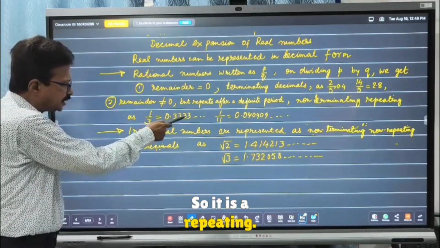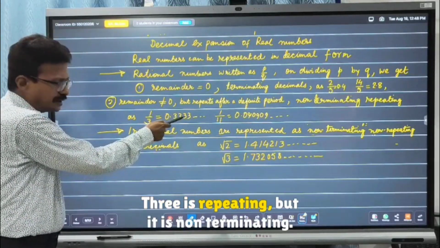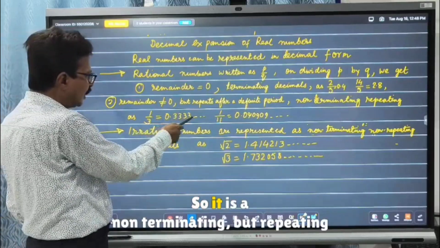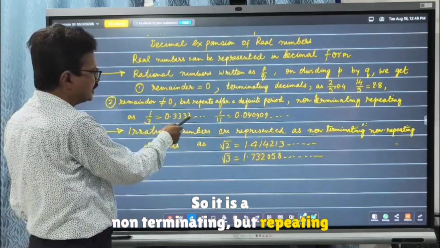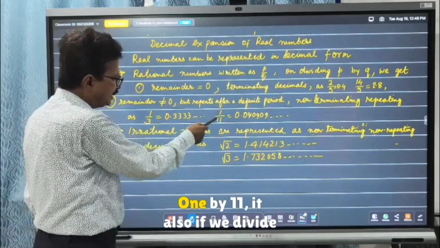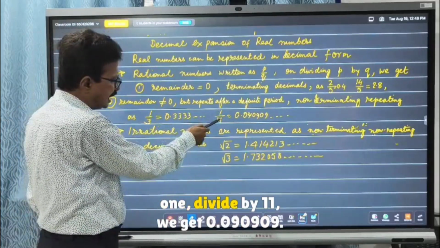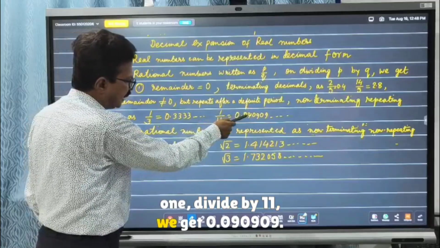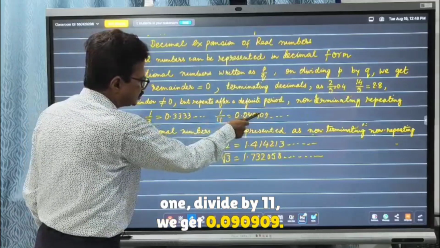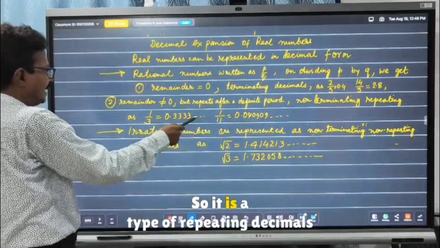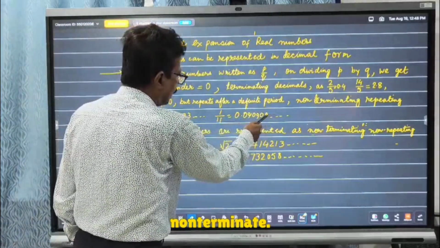So, 3 is repeating, but it is non-terminating. So, it is a non-terminating but repeating decimal. 1 by 11: if we divide by 11, we get 0.090909. So, here 09 is repeating. So, it is a type of non-terminating repeating decimal.